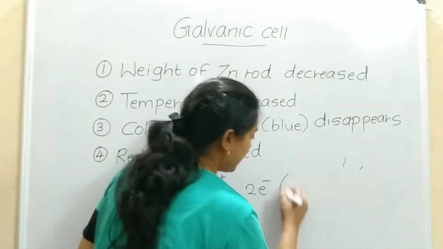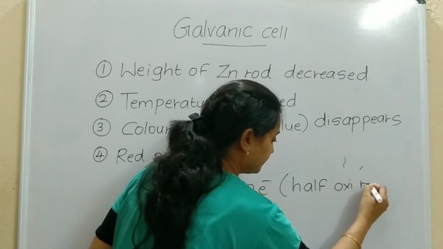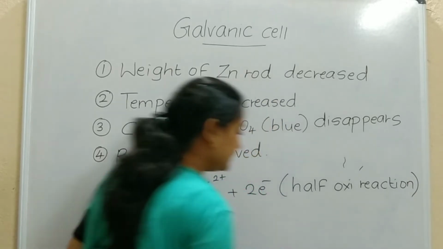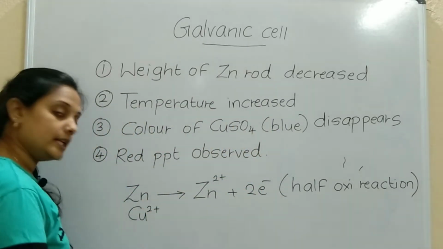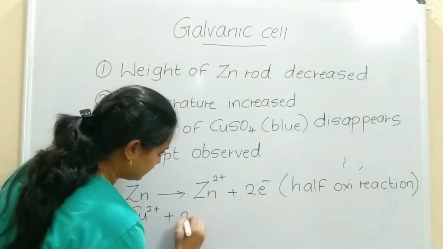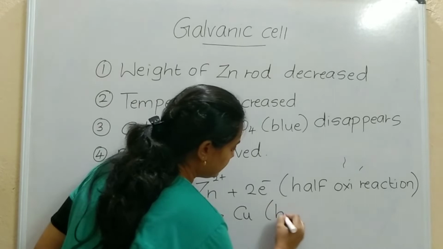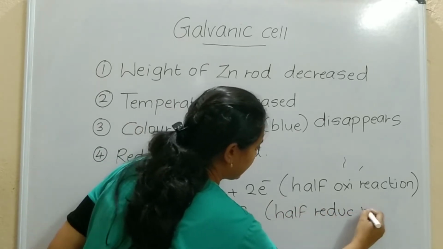So this is the half oxidation reaction. On the other side, Cu2+ ions will gain electrons and get reduced to copper. So this is the half reduction reaction.